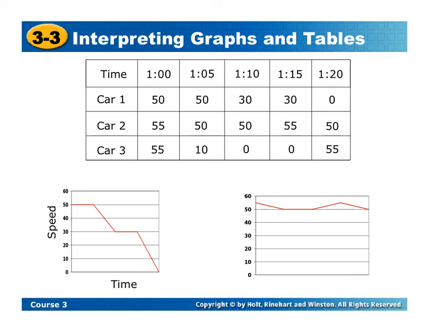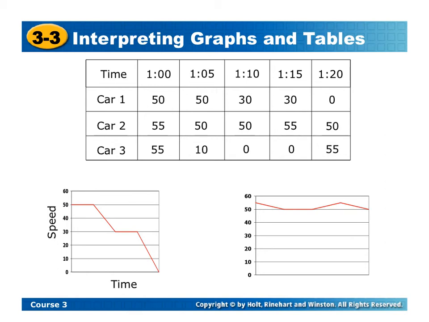Now if we look, we have some different graphs to match with our tables. So that first table is like the table we looked at for those first 3 situations. So we want to be able to match a graph to the table. So this first graph we see as time goes, we see slowing and finally stopping.